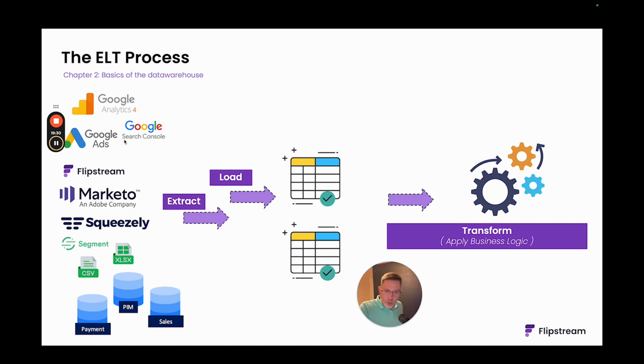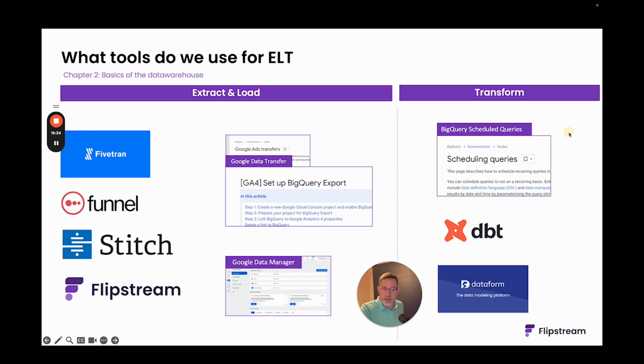So what are the tools that we're using for this actually to manage all of these? What are the names that you'll be hearing quite a lot? In the extraction and load part, you could go with a fancy tool like Fivetran, super enterprise, Funnel, also super enterprise, Stitch, a little bit easier, Improvado, a little bit cheaper.